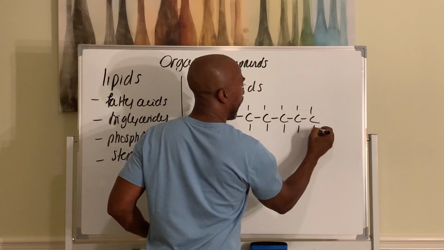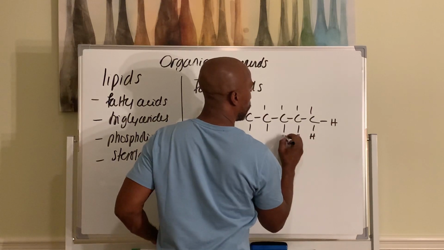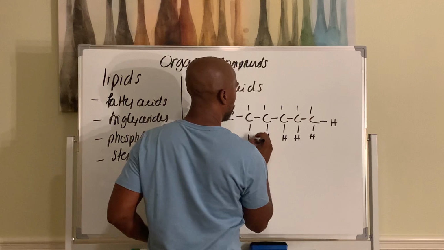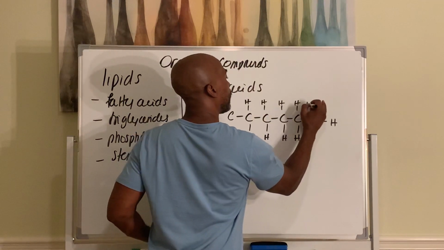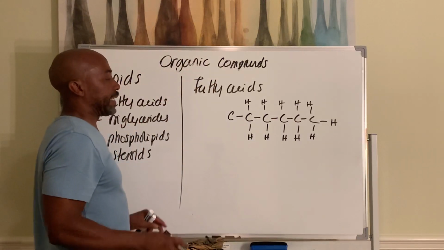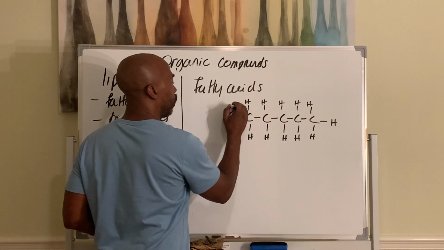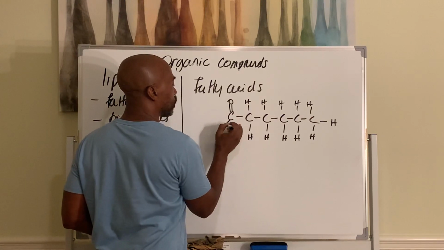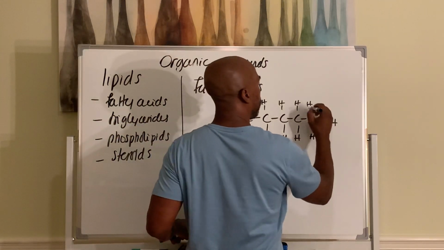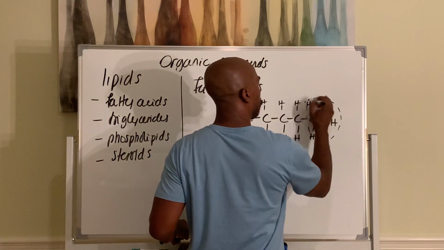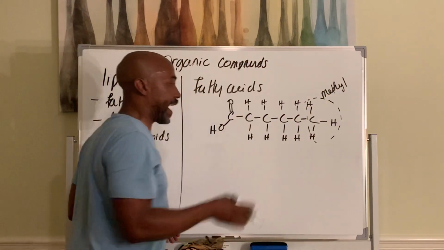So we call it a hydrocarbon chain. And at the end of the chain, the last carbon at one end will be in a carboxyl group, like so. And at the other end, you have what's called a methyl group, a CH3. So that is the characteristic of a fatty acid.